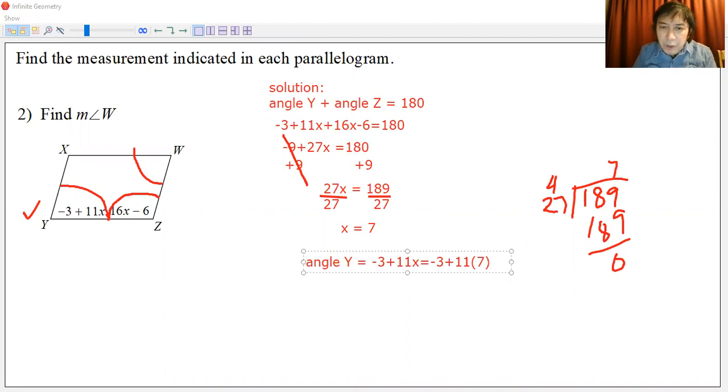So this will be -3 plus 77, which is equivalent to just 74 degrees. So this is equal to 74 degrees. This will be our answer. So our answer is 74 degrees.